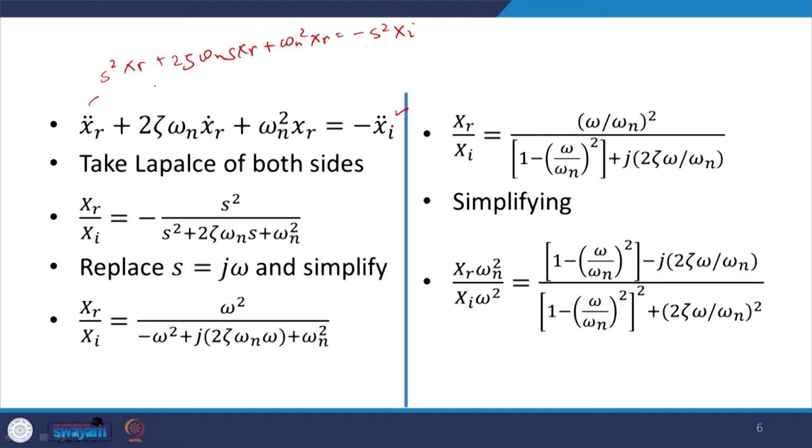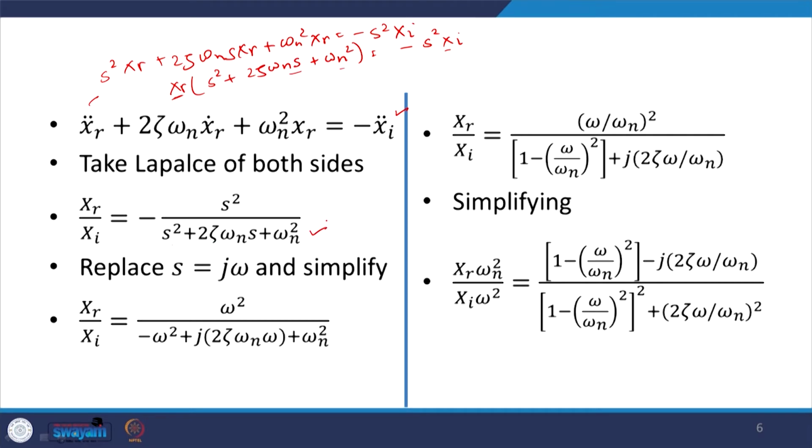So, from here I can take Xr out. So, I have s square plus 2 zeta omega n s plus omega n square, and from here I can get Xr upon Xi as minus s square divided by s square plus 2 zeta omega n s plus omega n square.